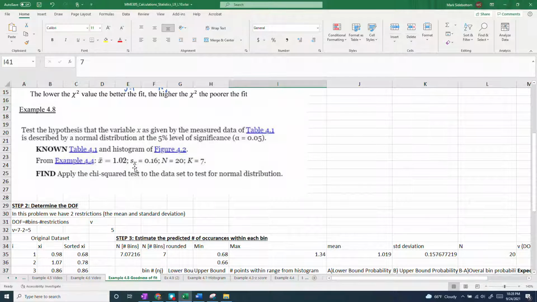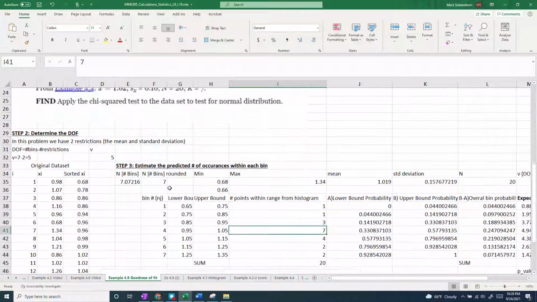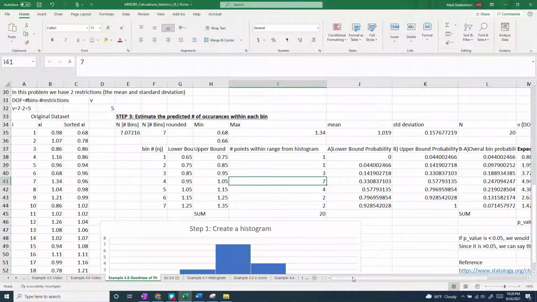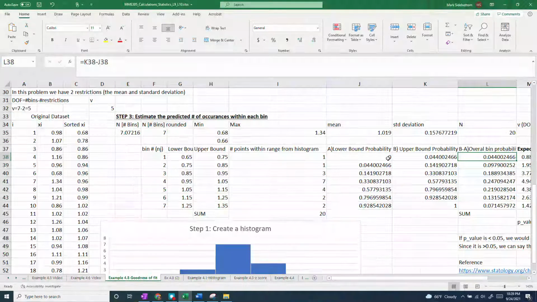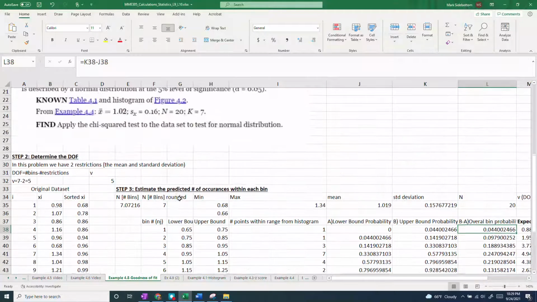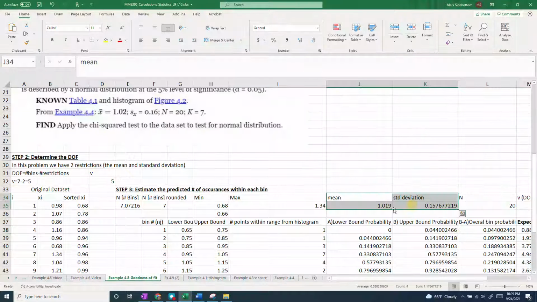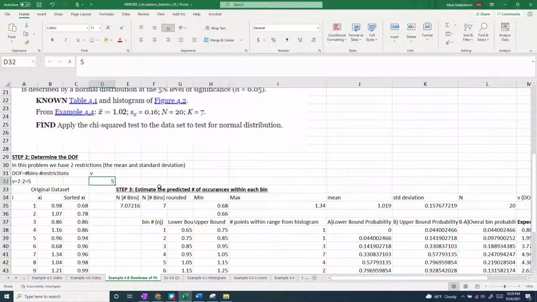We needed both those values to determine the overall bin probability, the chance that random data would be between the lower bound and upper bound of each bin. Since we needed both the mean and the standard deviation, our degrees of freedom, the number of bins minus those 2 restrictions, gives us a value of 5.